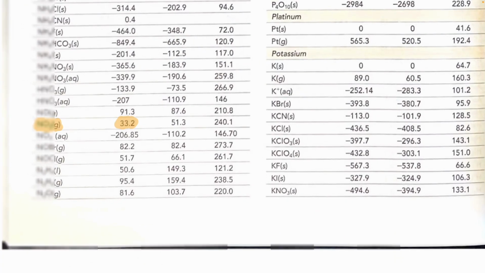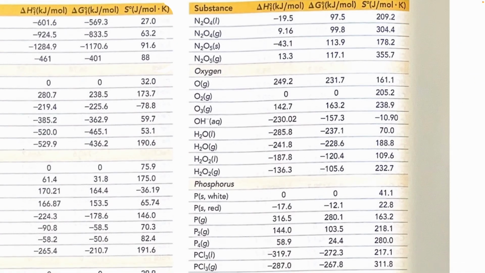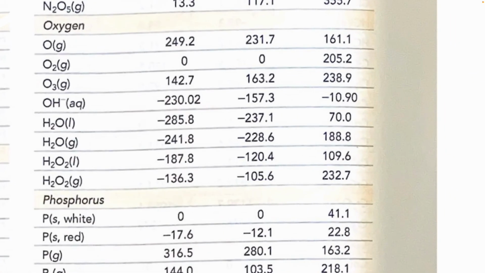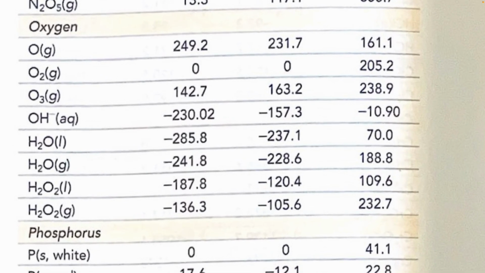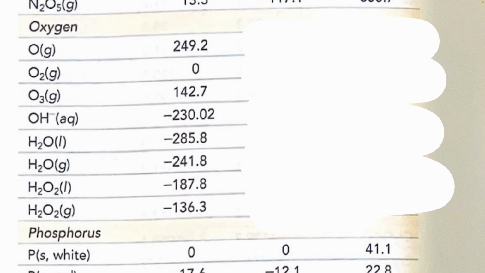LMNO, we need oxygen compounds. LMNOP, here we go. Cool. So actually all three values that you need are right here in this section. So everybody take a second and record all the relevant values. Again, remember, we're only ever going to be focused on the first column in this course. These are our delta H of formations.